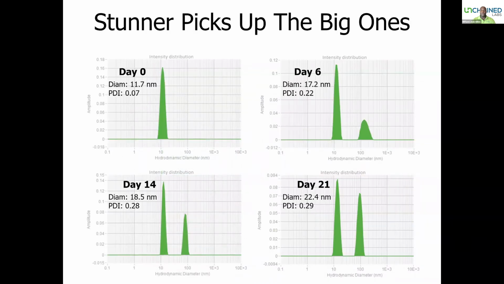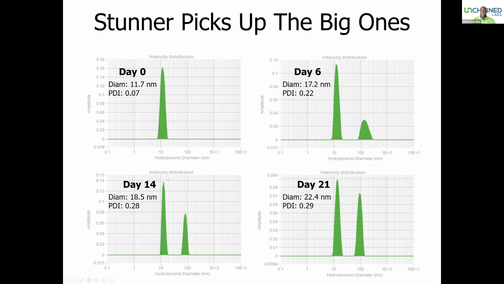On day 0, we can see the actual average size of our samples at about 11.7 nanometers. By day 6, we can see that the size has increased to about 17.2, and the PDI also has increased, which is indicating to us that we are going to have, in fact, a second population here, right, aggregates that are forming.